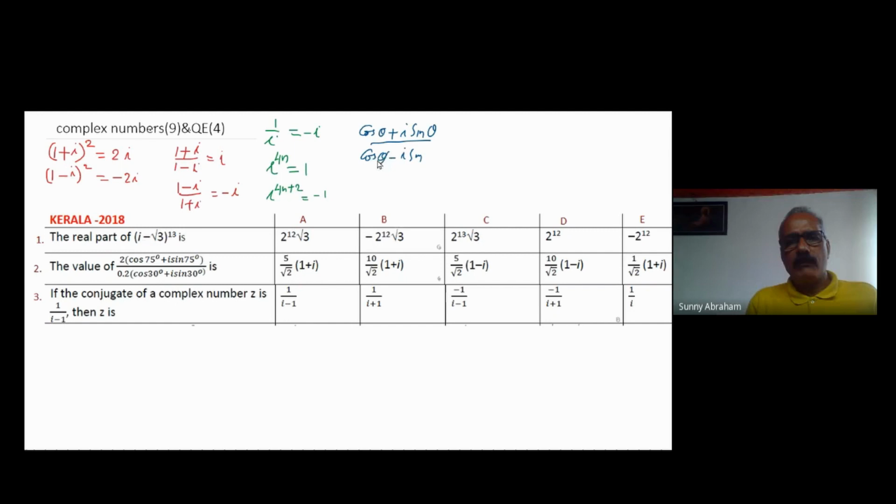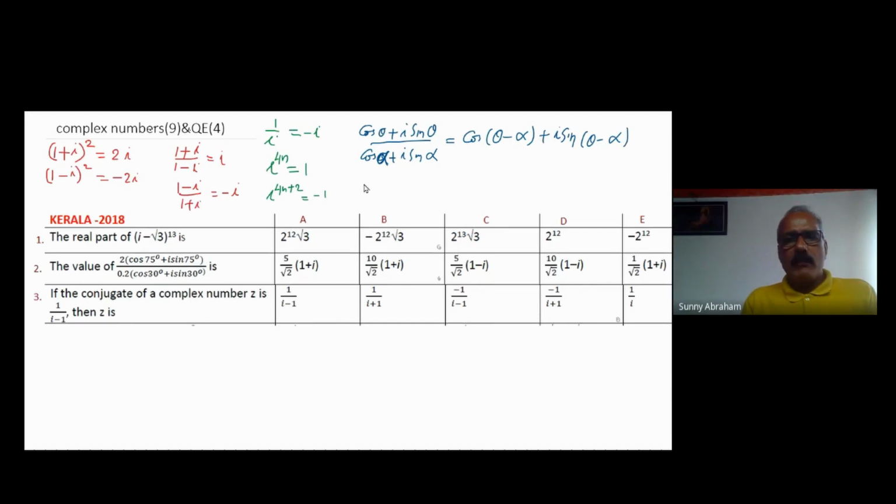(Cos theta plus iota sin theta) by (cos alpha plus iota sin alpha) is equal to cos of (theta minus alpha) plus iota sin of (theta minus alpha).